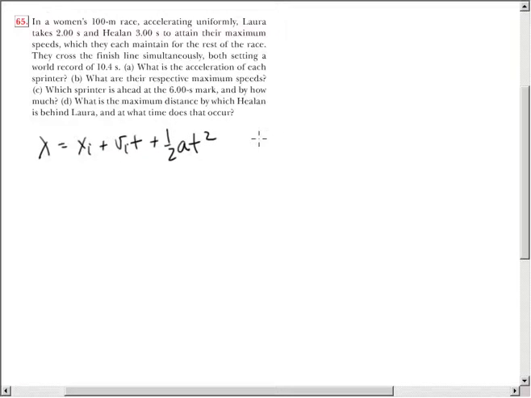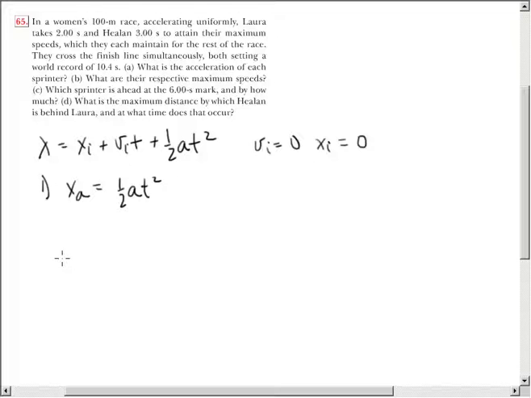And of course, in this case, we're assuming that v initial is equal to 0 and the initial position is equal to 0. So I can write the equation down as x during the acceleration phase equal to 1/2 a t squared.